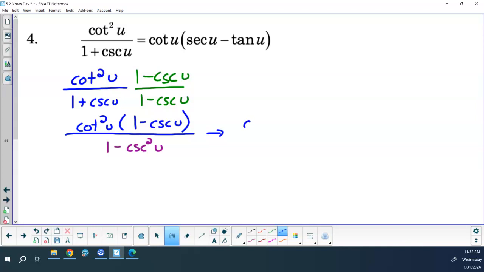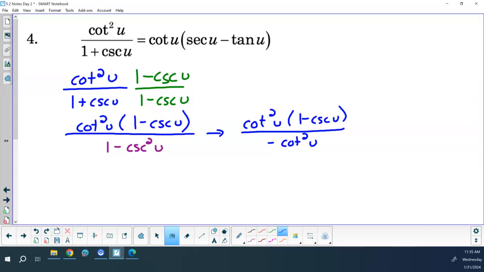Got lost in what I was writing. What can I do with my cotangent squares? Get rid of them, right?